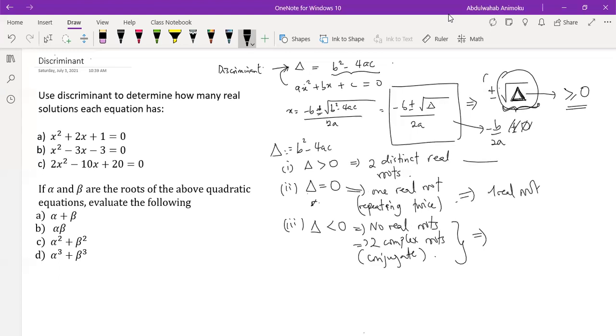And the last case, when the inside is greater than 0, the square root of that number would be a positive number.